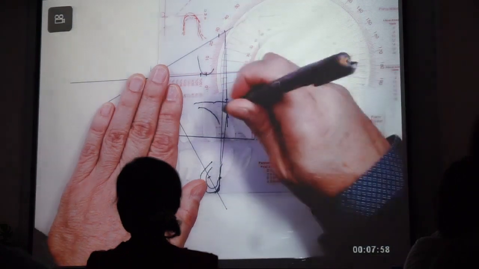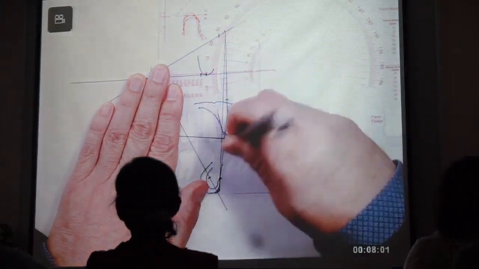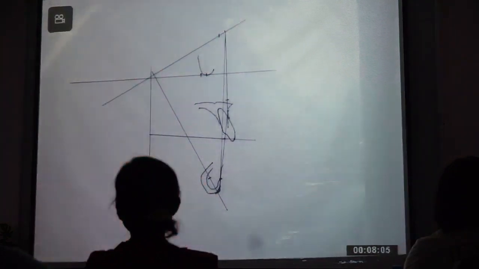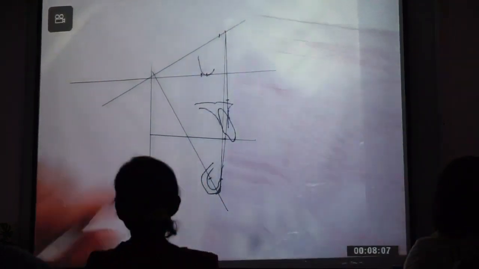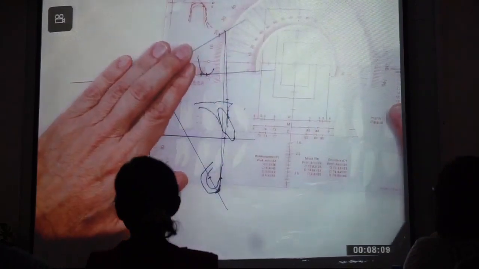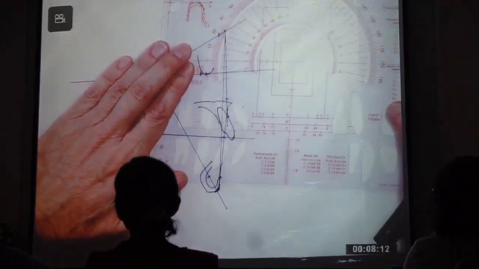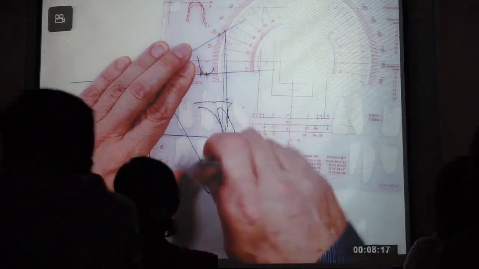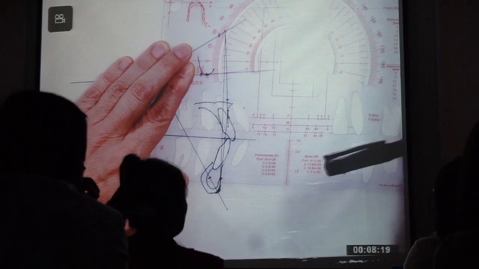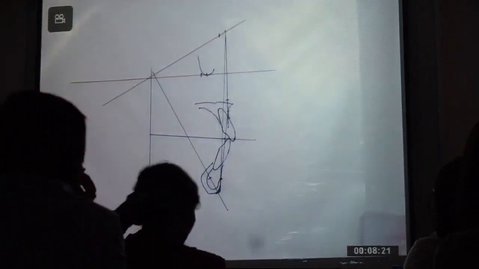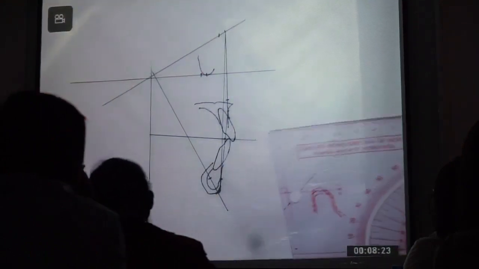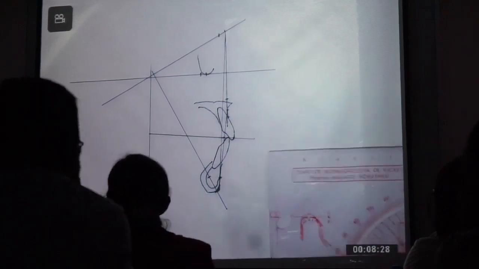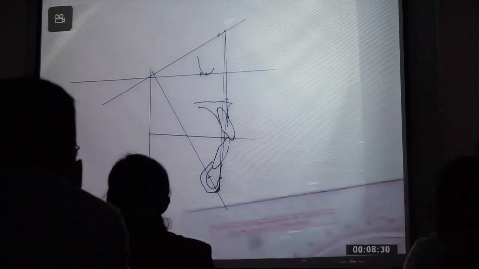Okay, then I put here and I draw the upper incisor. Then the upper incisor dictates where it's going to finish the lower one. So I put the lower one. Now comes something very, very easy. When I do extractions, what is the arch lower depth?